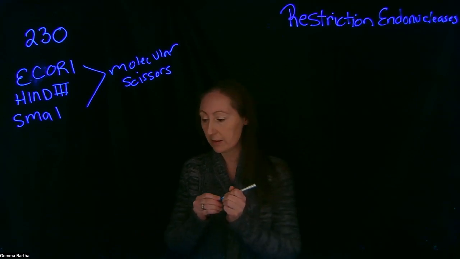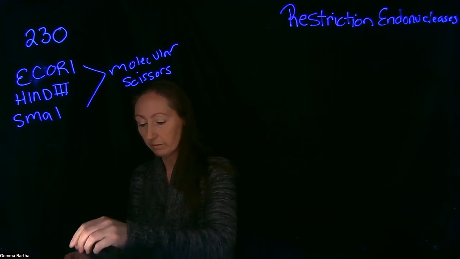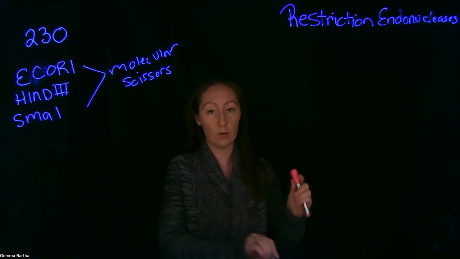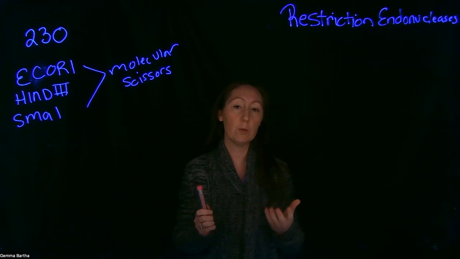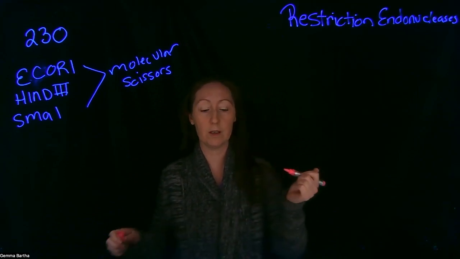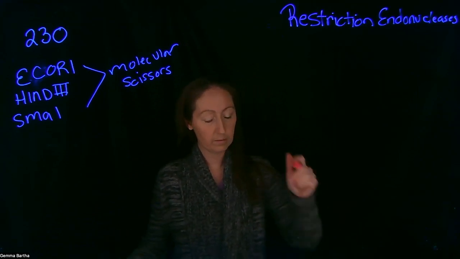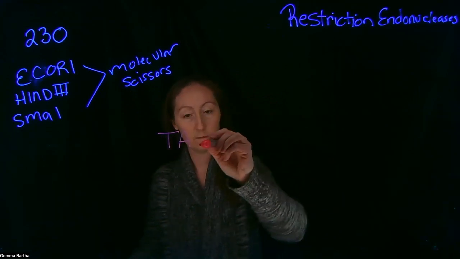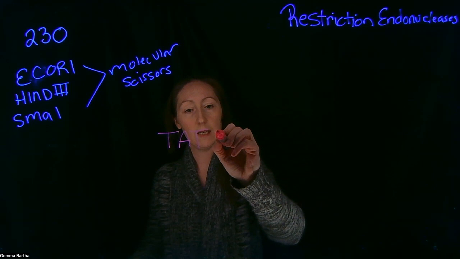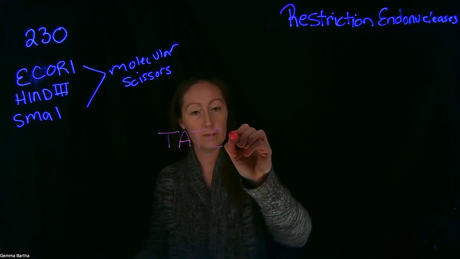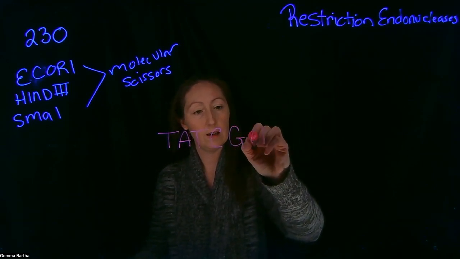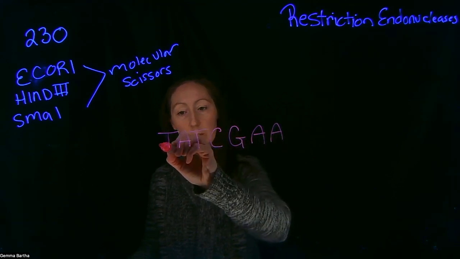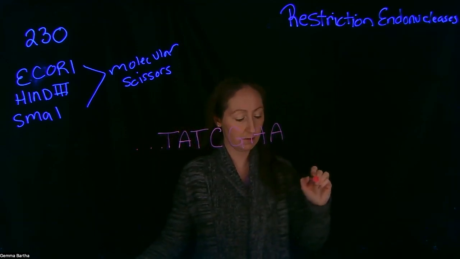What I'm going to do now is write out a particular code of DNA, and show you how a restriction enzyme would work. So TATC, GAA, and we're going to pretend this is just a piece of DNA.